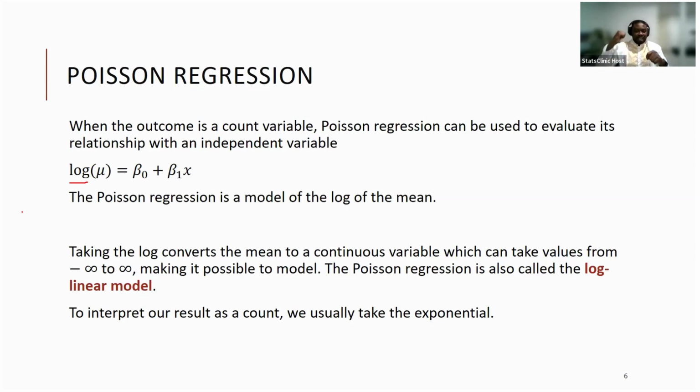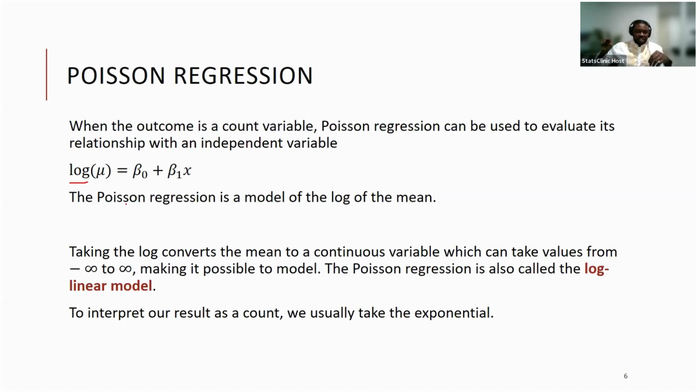If you remember, the linear regression is essentially a model of the outcome itself. Here you're taking the log of the outcome. And if you're going to interpret the Poisson regression, the beta coefficient that you get, you have to take the exponential.